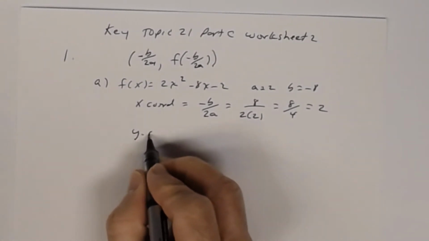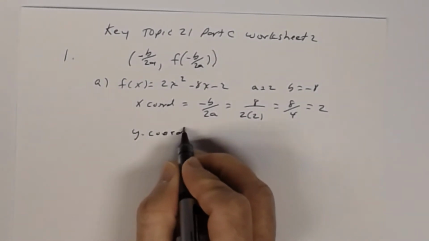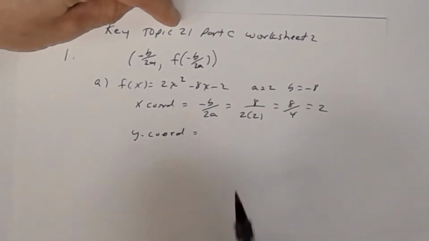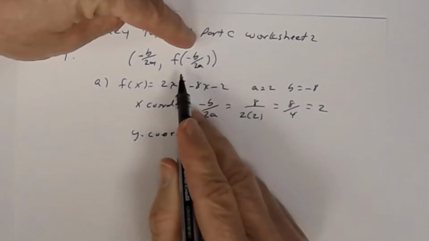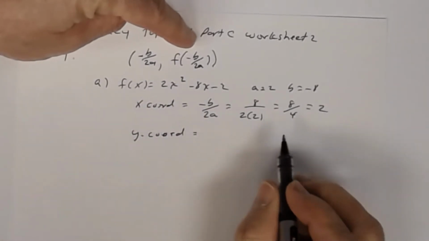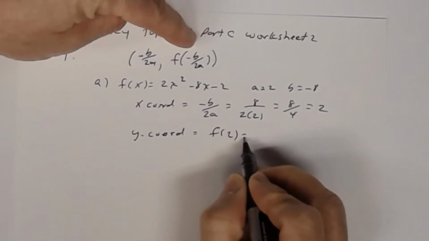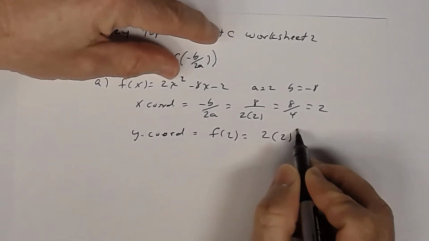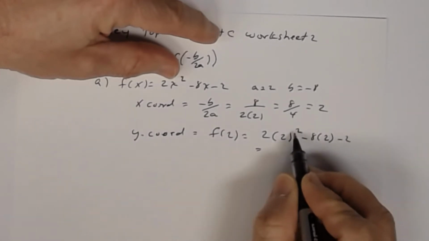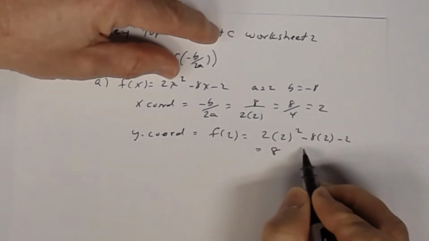To find the y coordinate, remember you're going to substitute that value back into your function. Since it's f, you're going to find f of 2. So you get 2 times 2 squared minus 8 times 2 minus 2. And so 2 squared is 4. 4 times 2 is 8.